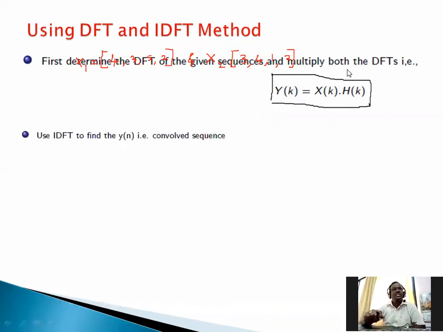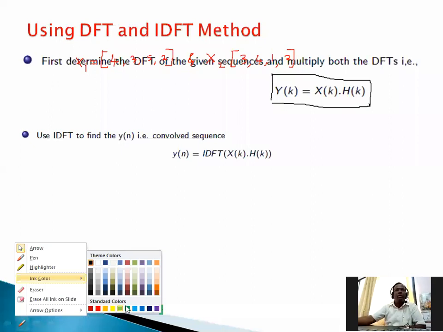The next step is to use IDFT to find y of n, that is the convolved sequence. Please note down these steps.